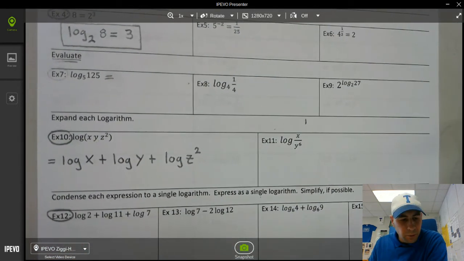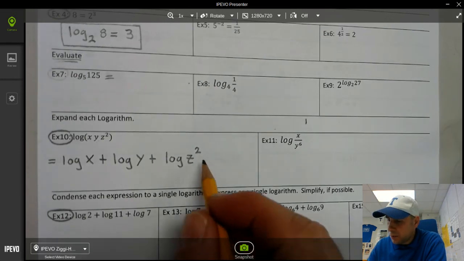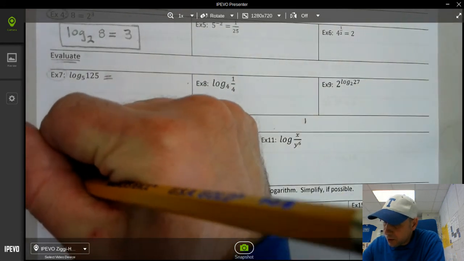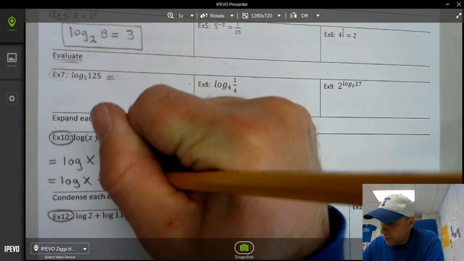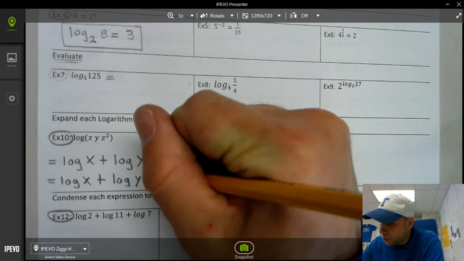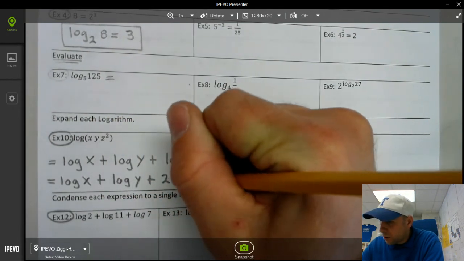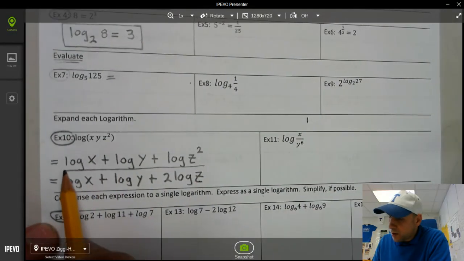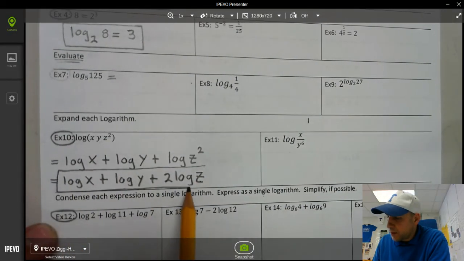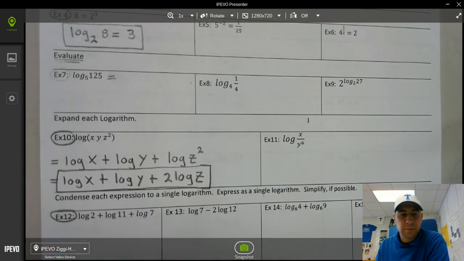Okay. Now the end one, that looks like the raised to the power. Okay. So I know that the power becomes the coefficient. So this becomes log of x plus log of y plus 2 log of z. So I've expanded it as far as it can be expanded. All right, so pause a minute to finish that up.